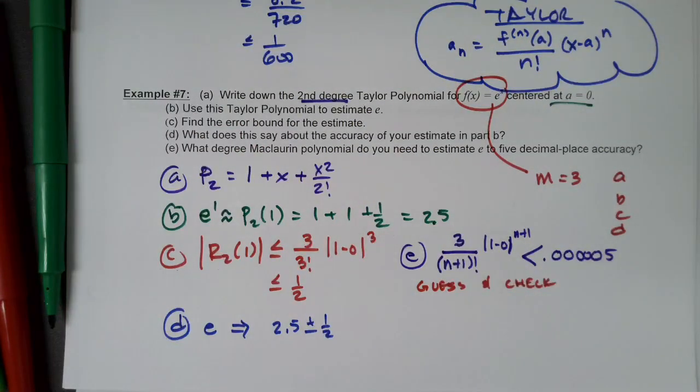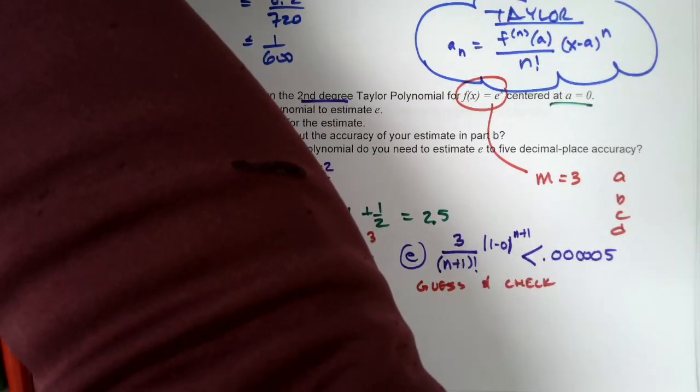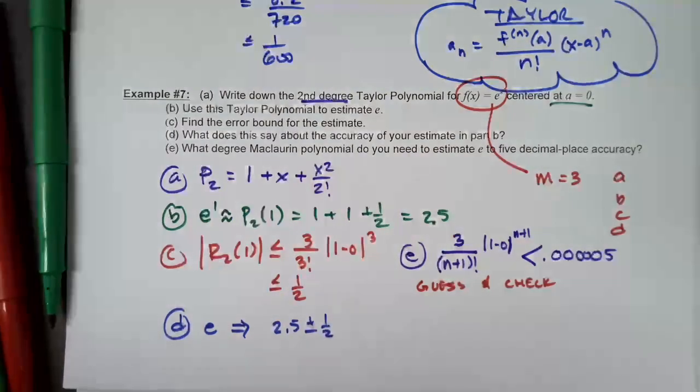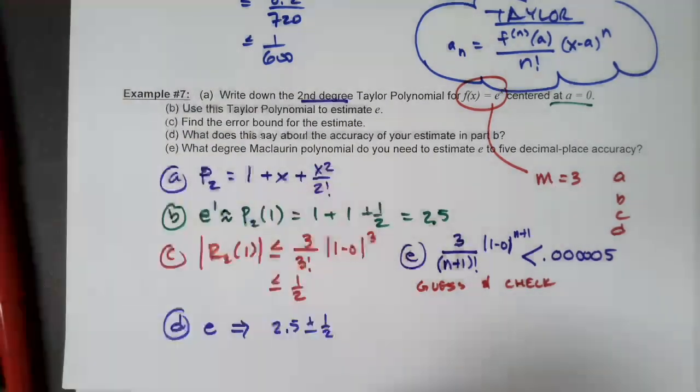That's 0.5. Oh, I should have put 4 in there. You said 3, and I messed up. Sorry about that. Let's change that to a 4 because this is 3 plus 1. It's 4. That gives us... is that less than 0.00005? All right, so n equals 3 doesn't work.